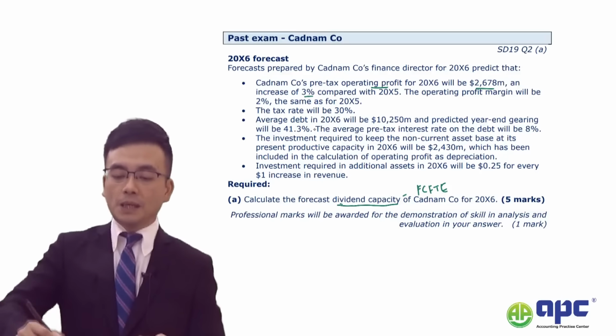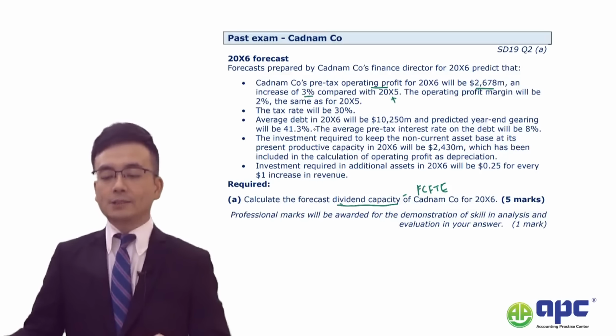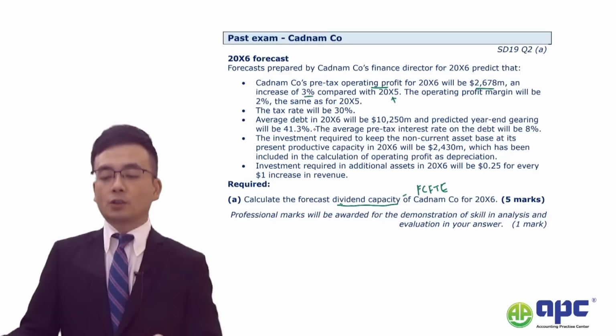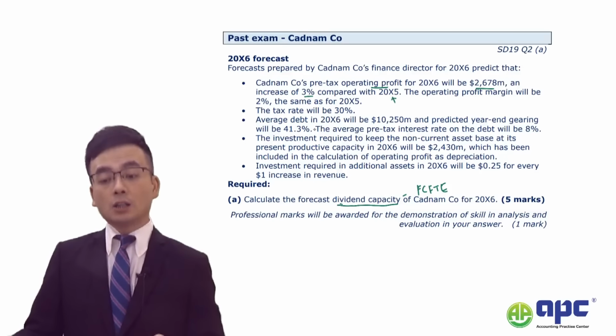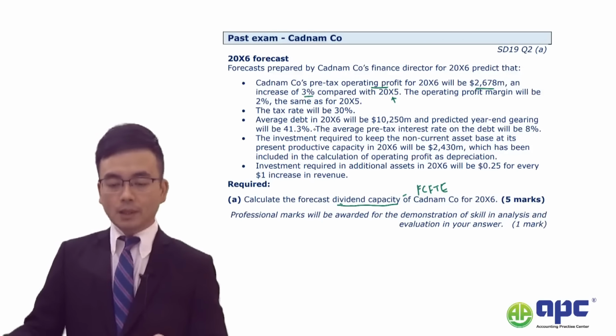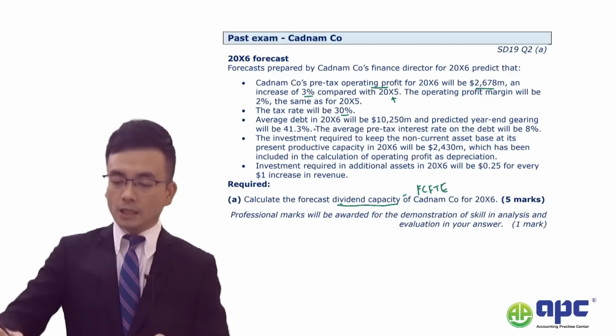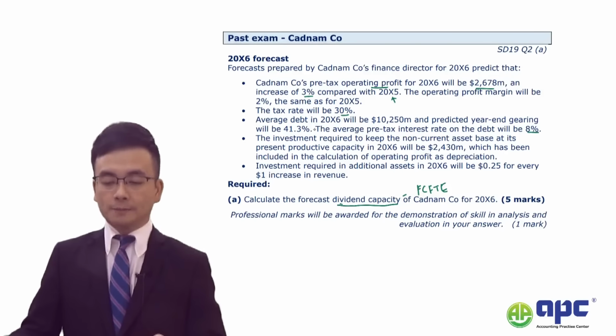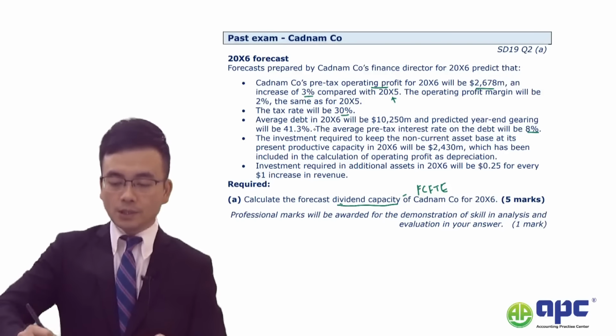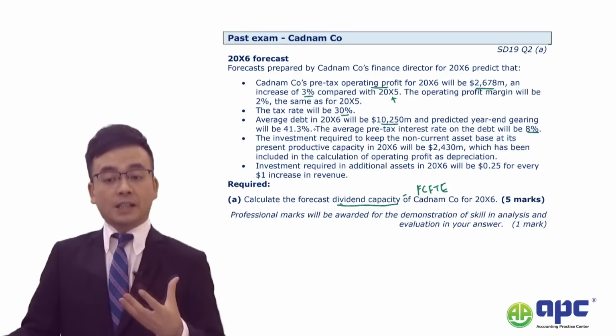Okay, so which means that in 20x5 last year, we take 2678 over 1 plus 3%. And the tax rate 30%, and the debt interest will be 8% there. The debt value 1050. You can calculate that interest on that.